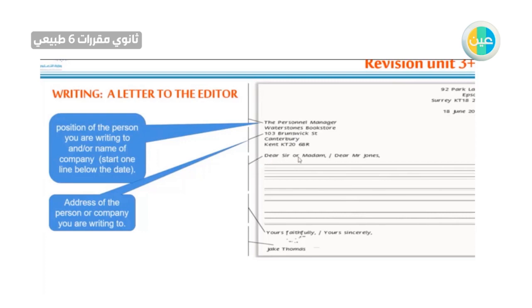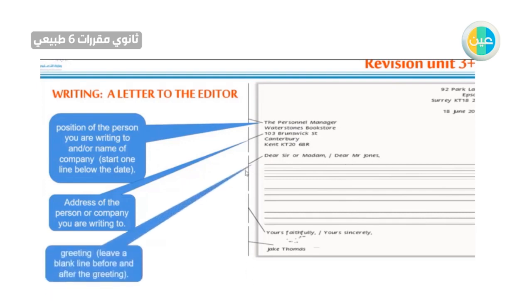Okay, dear sir or madam, dear Mr. Jones. So here is the greetings. First, leave a line between the greetings and the address and start with dear sir or dear madam or dear Mr. if you know the names. And don't forget the comma.